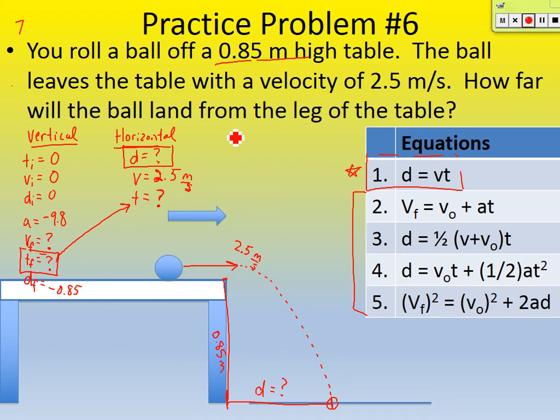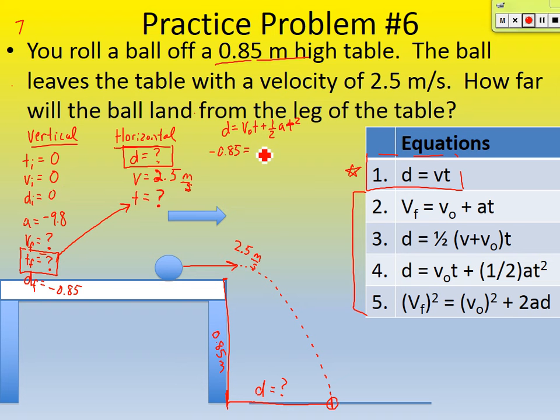So let's write that equation down, and then let's plug in our variables. What's displacement vertically, guys? It is equal to, what is its velocity initially? 0.